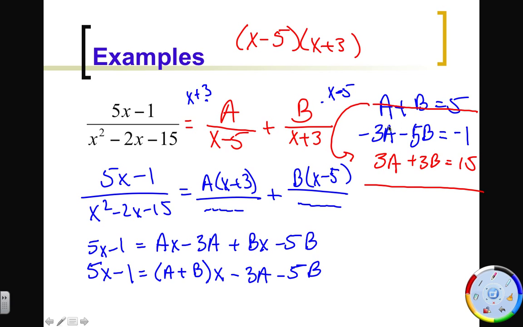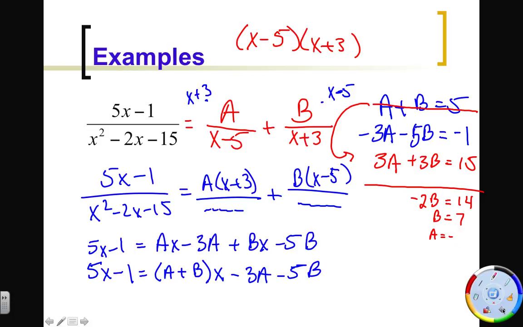And if I add now, negative 3A and 3A go away, negative 5B and 3B make negative 2B, which equals 14, so therefore B is 7. Now if B was 7, up here, A plus B was 5, which means A had to be negative 2.